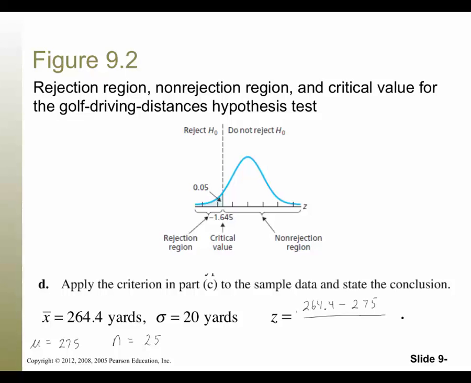But what we want is how far are we below in standard deviations. So we divide by 20 over, remember this? We've done it before. So we're using the sampling distribution for samples of size 25, and we're getting the z-score for a sample mean of 264.4.